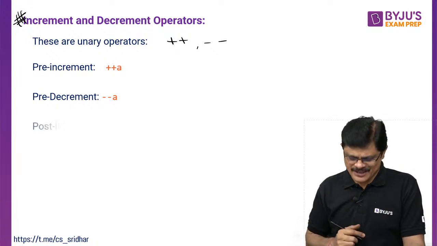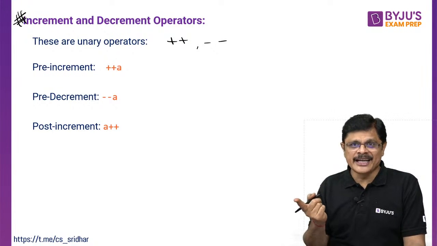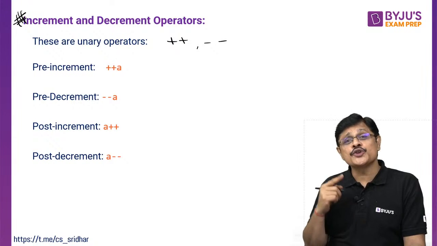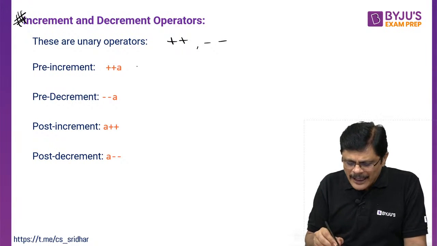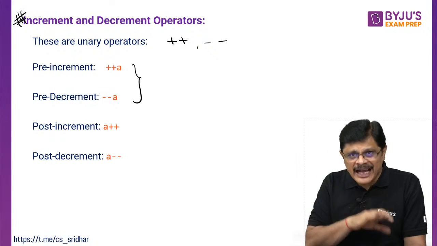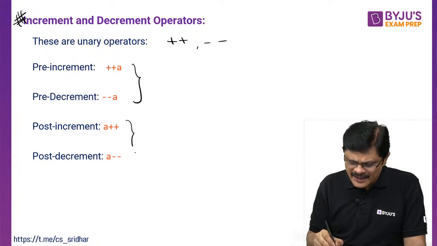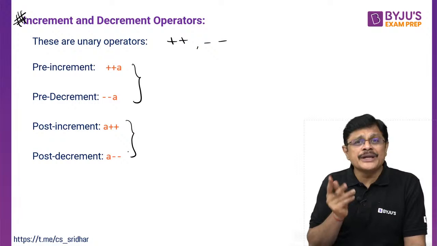If you write plus plus after the variable, it becomes post-increment, and this becomes post-decrement. In pre-increment or pre-decrement, first the increment or decrement happens, followed by the work. Whereas here, first the value is used.